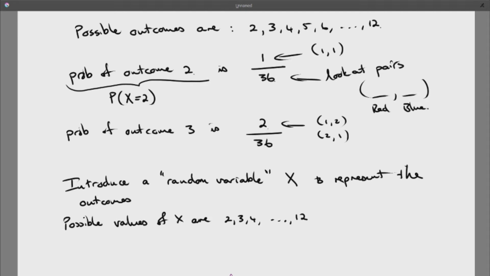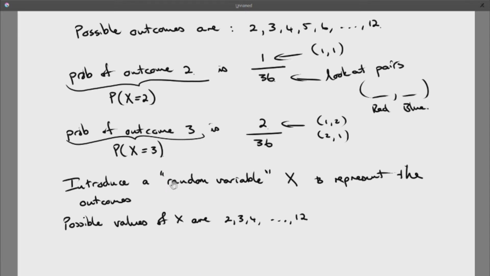We're introducing this X to just allow us to write fewer words. That is all. The probability of getting an outcome of 3 is the probability of X equaling 3. So for each value of X, there is an outcome and therefore a probability of that outcome occurring.